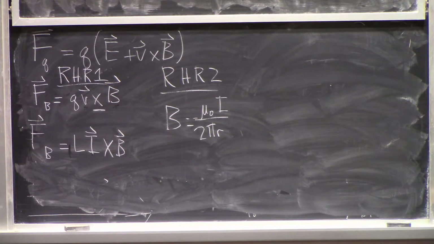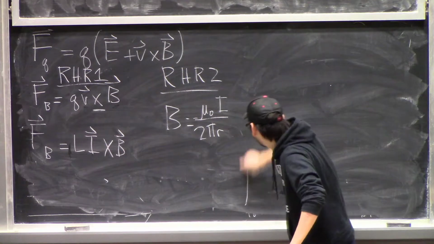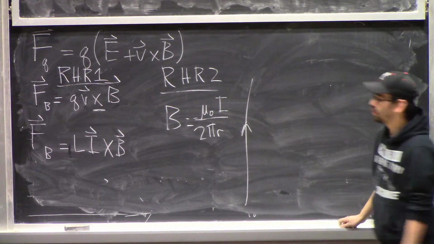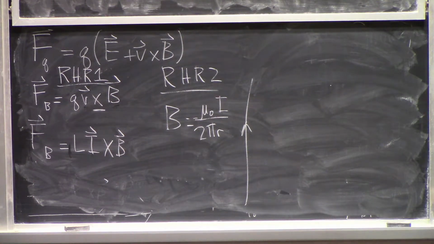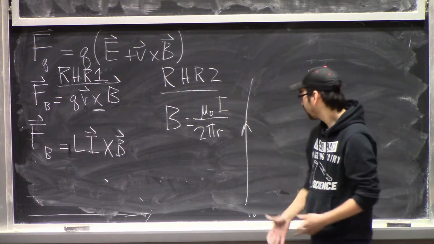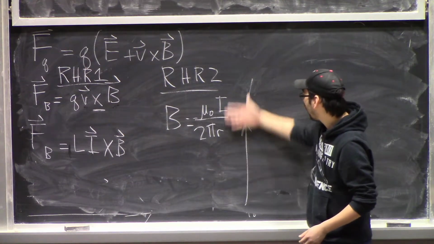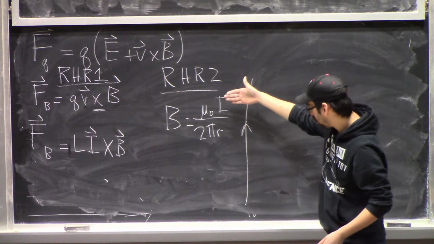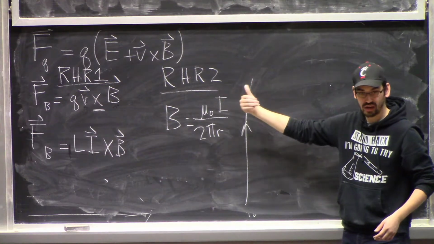Okay? Now the way that this one goes, I have some current moving in a wire. I want to find what the magnetic field is on both sides of this. And so what I do is I take the thumb of my right hand, I point it in the direction of the current, and I curl my fingers in the direction the magnetic field points.